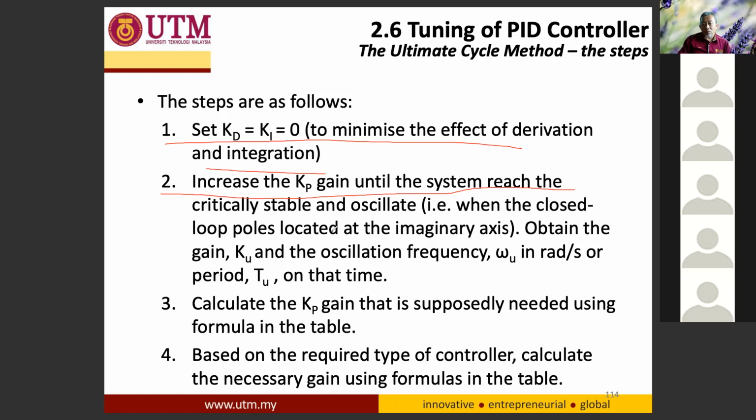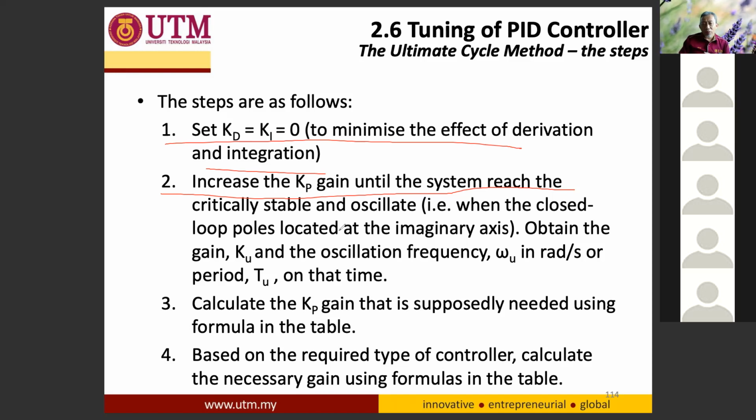Okay, so it means that we want to find the critical gain, KC. So when the root locus crosses the imaginary axis, the intersection point between the root locus and the imaginary axis is known as the point which produces critical gain or KC.